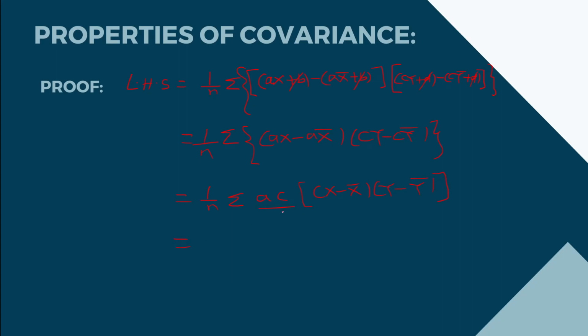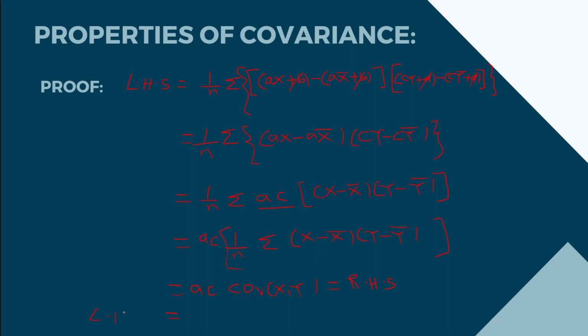Since a and c are constants, I will take them outside the summation. a into c, 1 by n summation x minus x bar, y minus y bar. We observe that the term in square bracket is nothing but the covariance between x and y by definition of covariance, and which is equal to the right hand side.